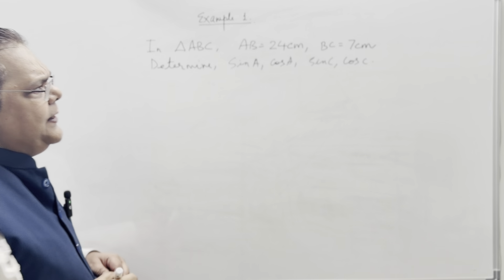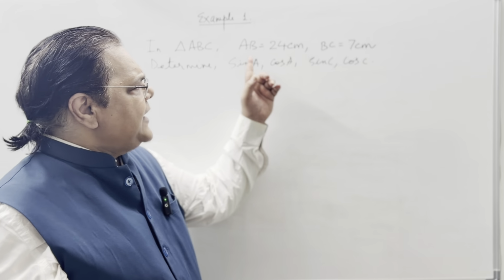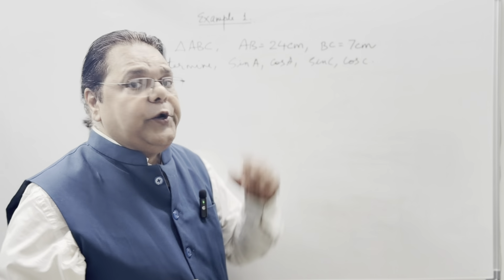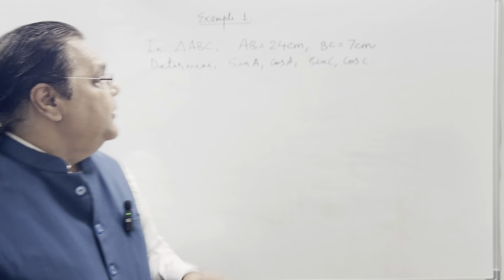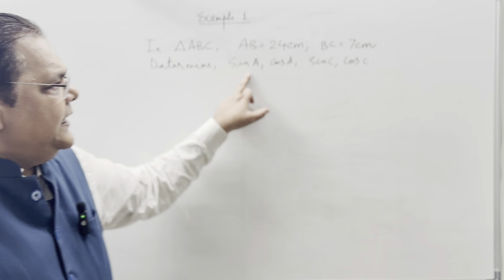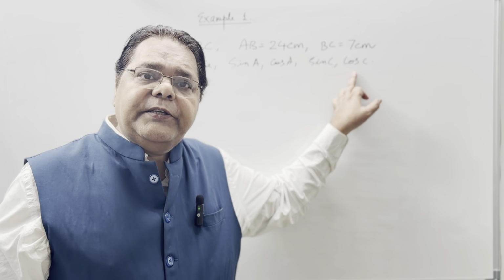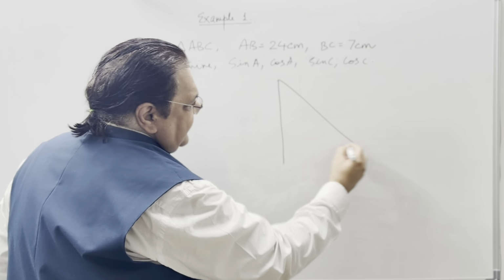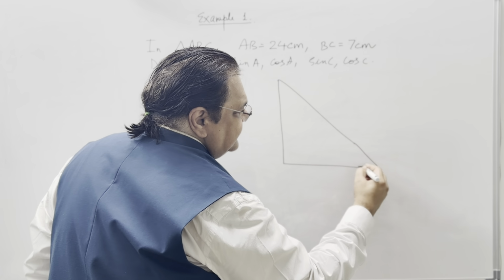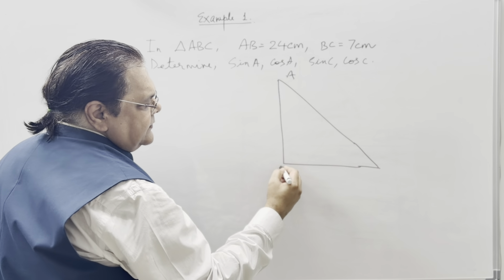In triangle ABC, right angle triangle ABC, AB is 24 centimeters and BC is 7 centimeters. You have to determine sin A, cos A, sin C and cos C. So let us solve this example. Let's draw a right angle triangle ABC.